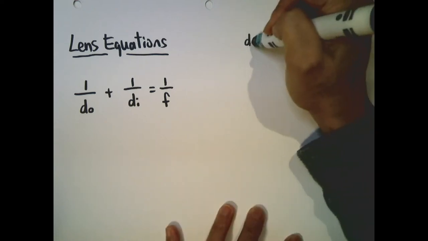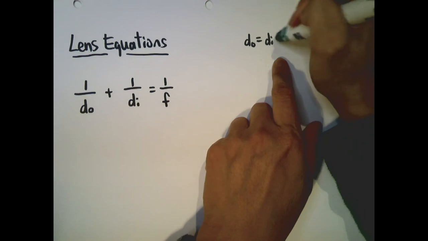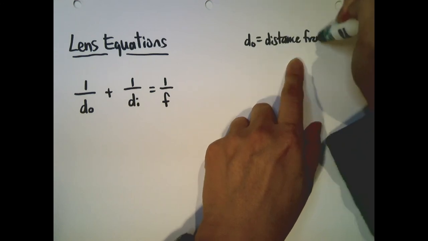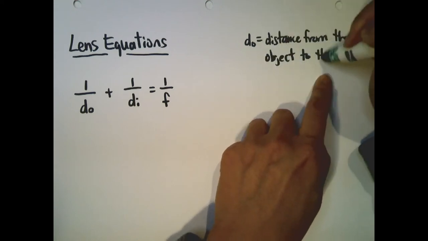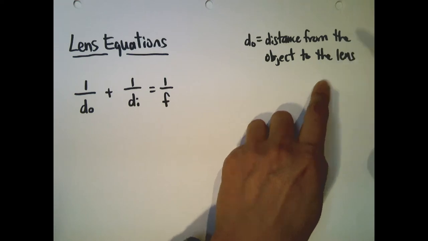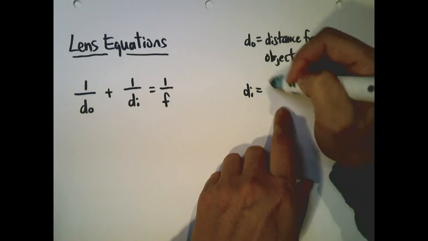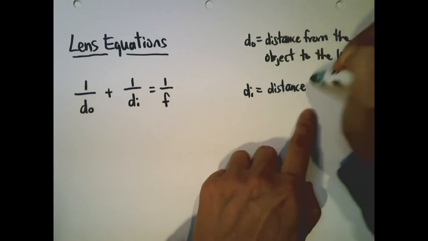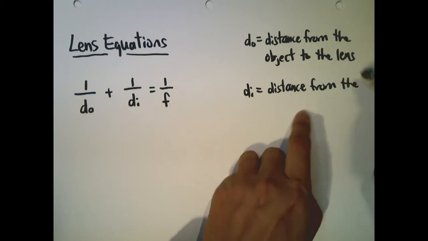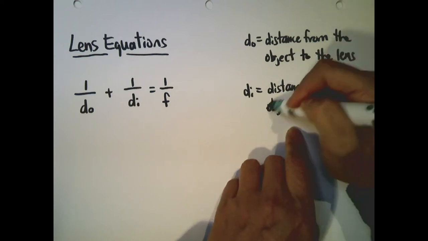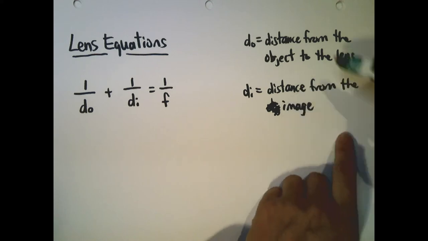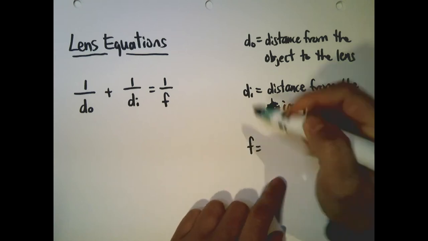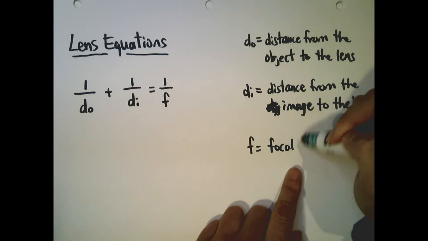So let's write that down. dO is the distance from the object to the lens, and it's technically the center of the lens. di is equal to the distance of the image, that's why it's called I, the distance of the image to the lens. And f we call the focal length.